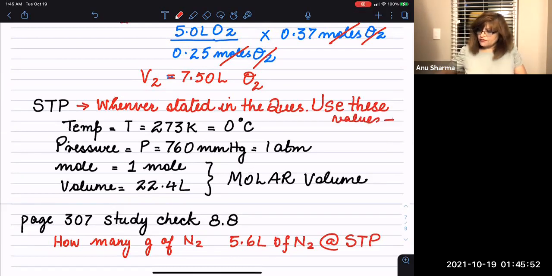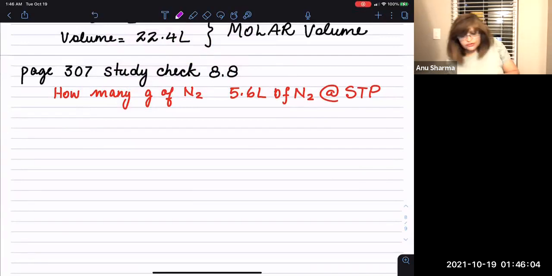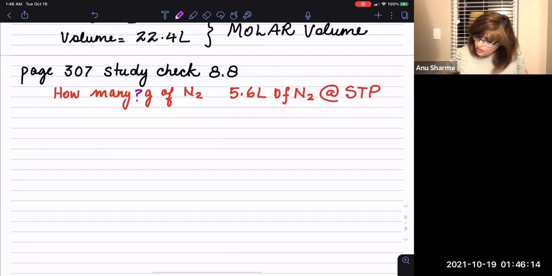All right, so for the STP, you do that. But remember, it's always the moles, not the grams. If you get the moles and the question is asking for grams, then you convert to grams. Here we need to find how many grams of nitrogen gas, but we are given 5.6 liters of nitrogen gas at STP.